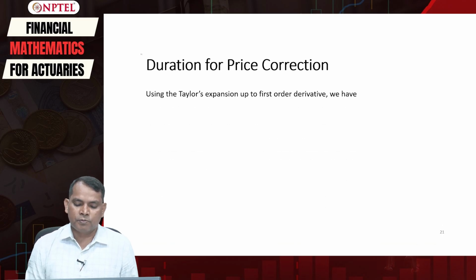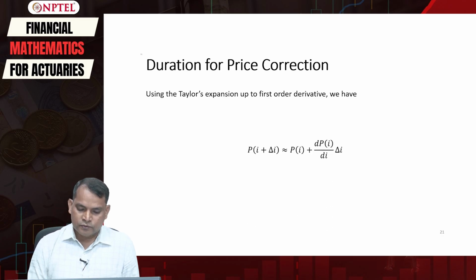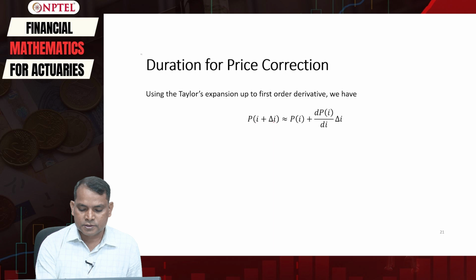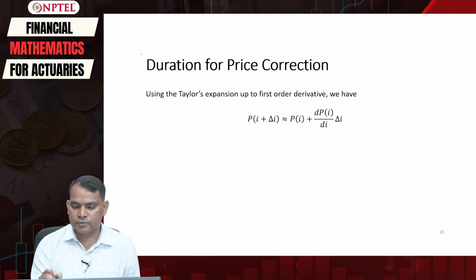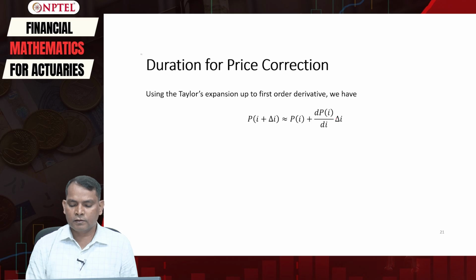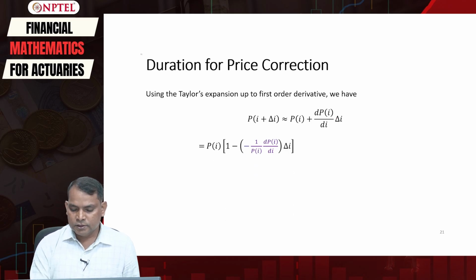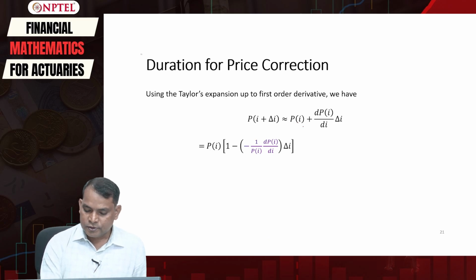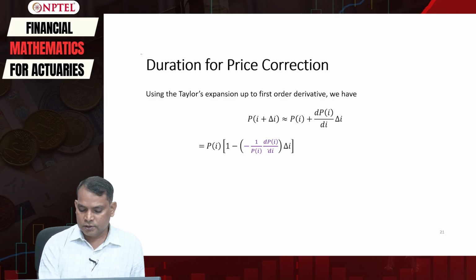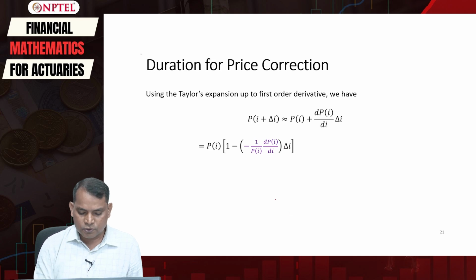Using the Taylor expansion with the first order derivative, we can rewrite the price function as P(i plus delta i), which is approximately equal to P(i) plus the derivative of P with respect to i times delta i. Taking P(i) out, we have P(i) times 1 minus 1 upon P(i) dP/di times delta i, so that P(i) upon P(i) is equal to 1, and we get the exact same equation.